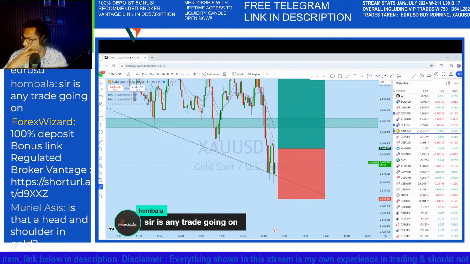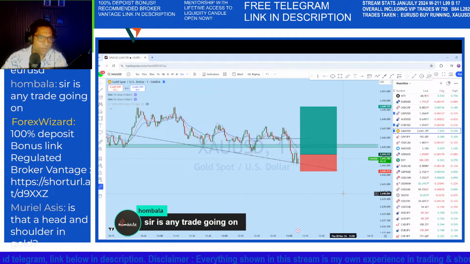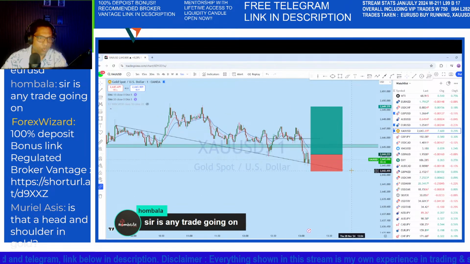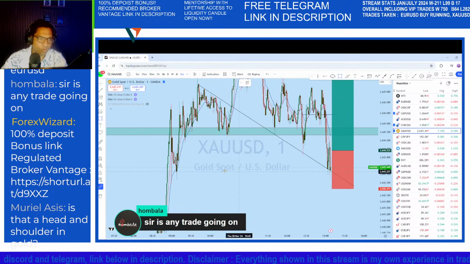So we have seen that support retest on this one here on gold, and the stop loss is below this level.